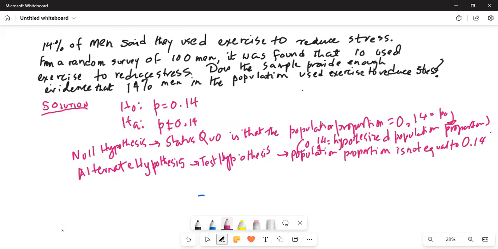So we will look at the evidence from the sample that we have collected.